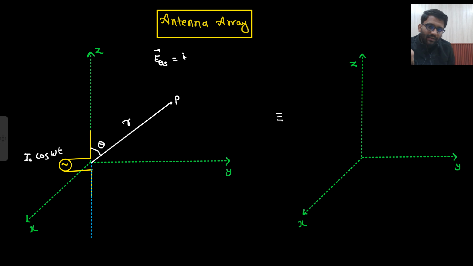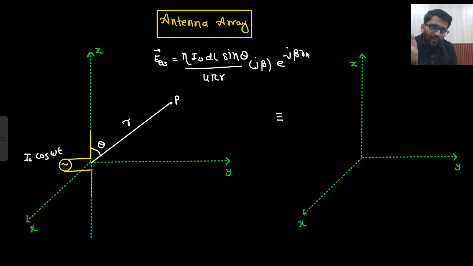Eta times I dl sin theta. What is theta here? Theta is the angle between the axis of the antenna and a_r cap, and that is equal to the polar angle. So eta I dl sin theta upon 4 pi r times j beta times e to the power minus j beta r a_theta cap. So this was the expression.